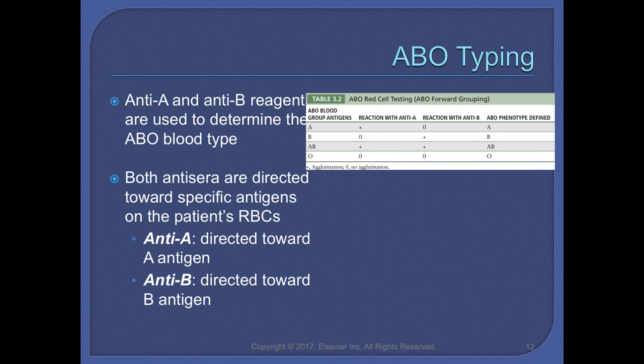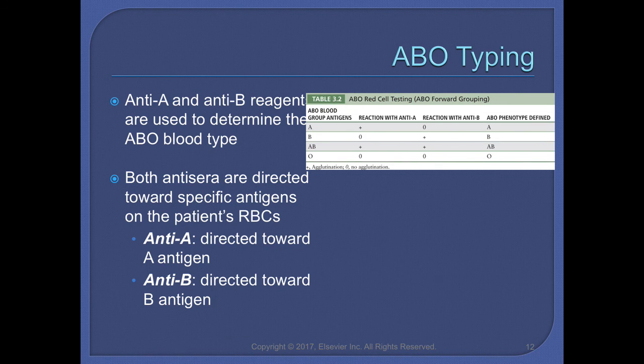So reagents for ABO typing derive from monoclonal antibody sources and could be blended to create reagents that recognize the corresponding A or B antigens. These reagents for ABO typing contain IgM antibodies in a low protein environment.